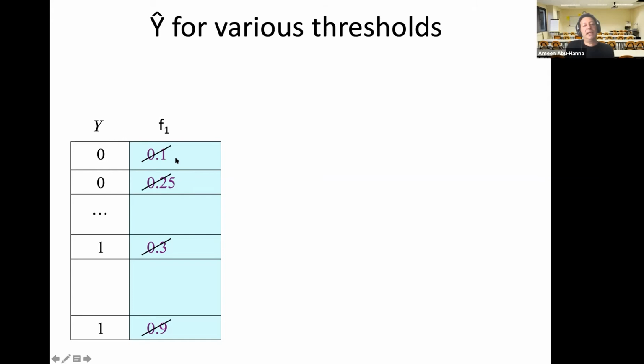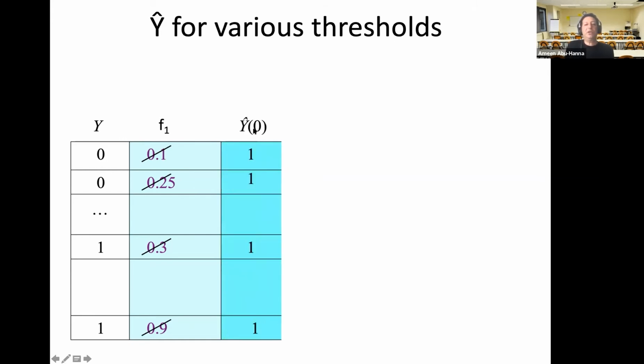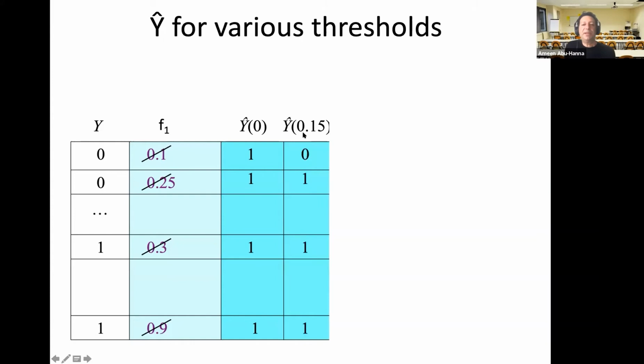And then I can say with a threshold of 0, if I say everybody from 0 and up will die according to my prediction, then your prediction will be 1 everywhere. So I expect everybody to die. If I add a bit to the threshold, for example, it is 15%, this person will not be predicted as dying. So it will be 0, and all the rest will be 1.